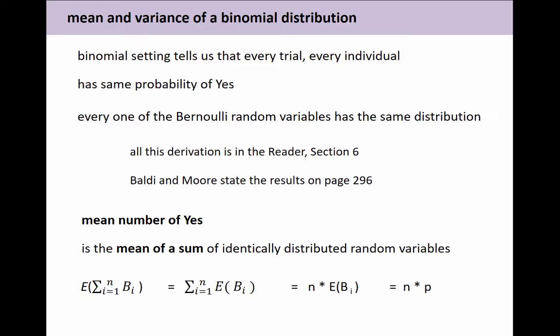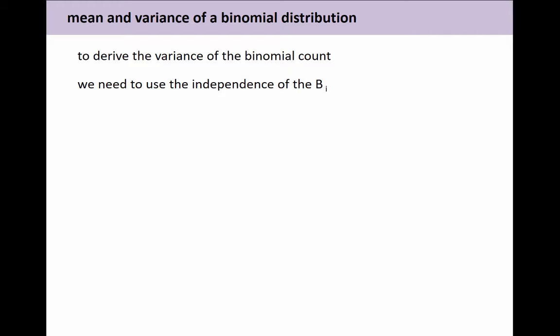So what we've done is take a look at the distribution of a sum of a binomial count, and it works out to be a function of the sample size n and the proportion of the population that is a yes or a 1.